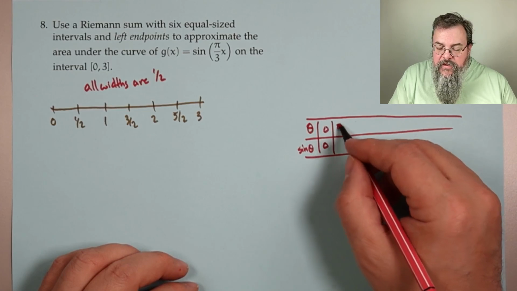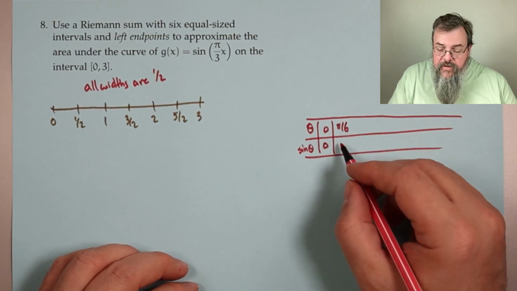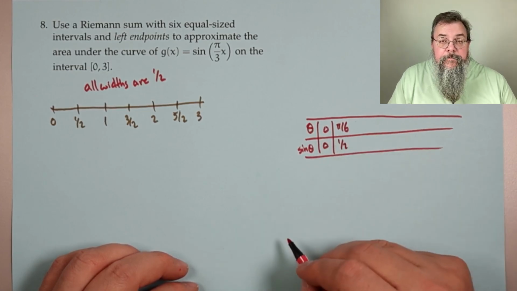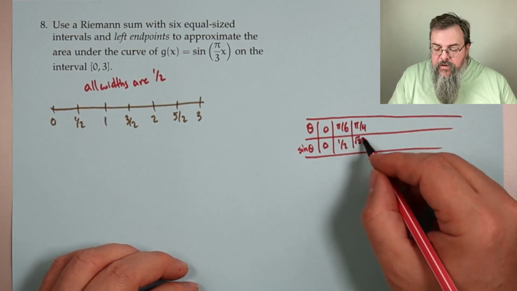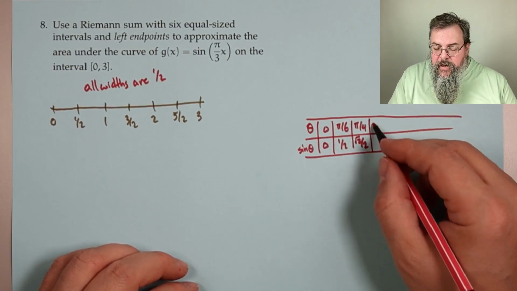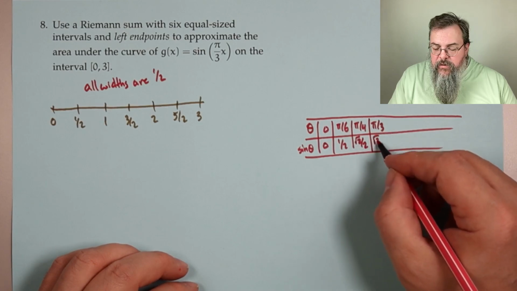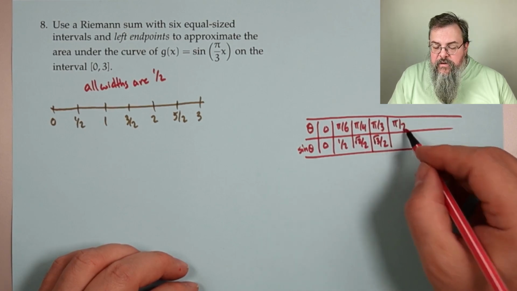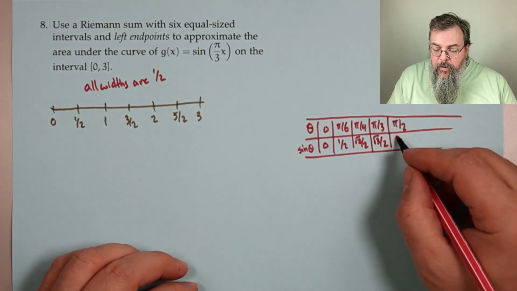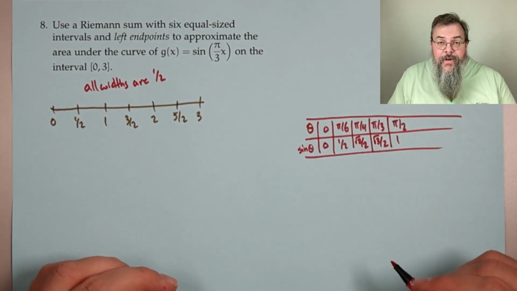How about pi over 6? Sine of pi over 6 is 1/2. How about pi over 4? That's square root of 2 over 2. How about pi over 3? That's square root of 3 over 2. How about pi over 2? That's 1. Great, we're done, right?